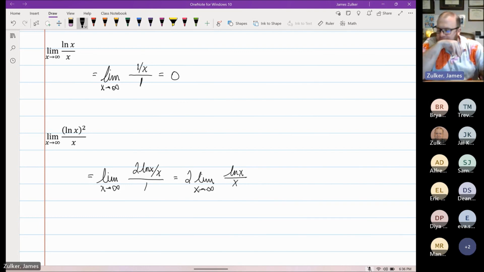This gives us 2 times the limit as x approaches infinity of log x over x. Didn't we just evaluate that limit? Okay. And we said that limit's 1. I'm sorry. We said that limit's 0.